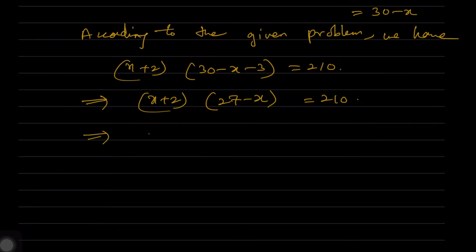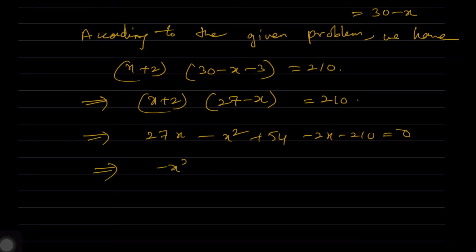So which implies you're going to get an equation 27x minus x square plus 54 minus 2x minus 210 is equal to 0, which implies you're getting it as minus x square plus 25x minus 156 is equal to 0, which implies x square minus 25x plus 156 is equal to 0.